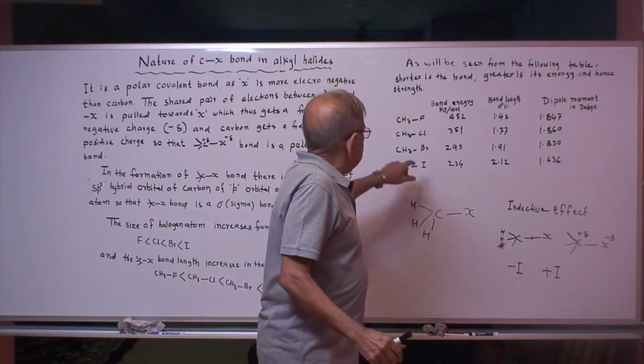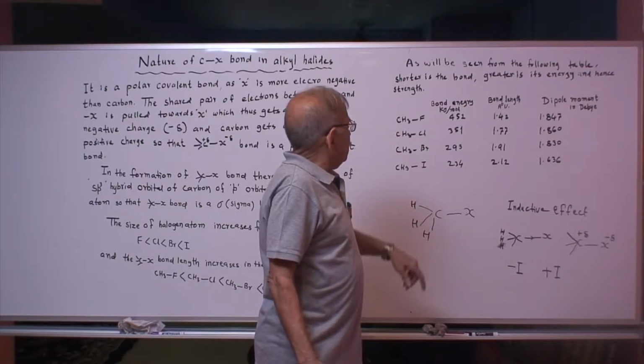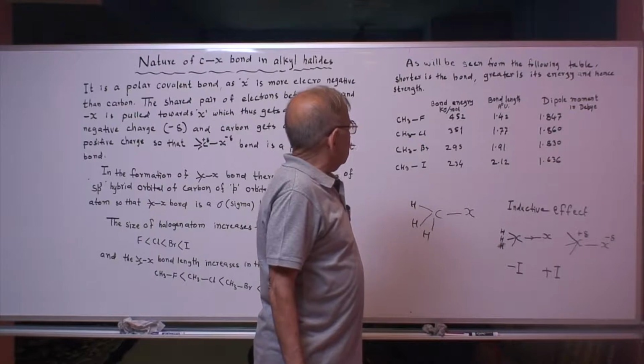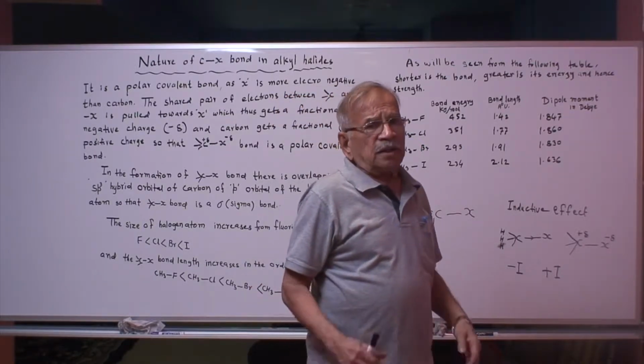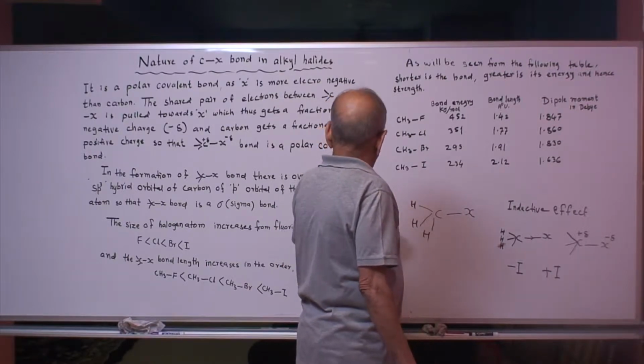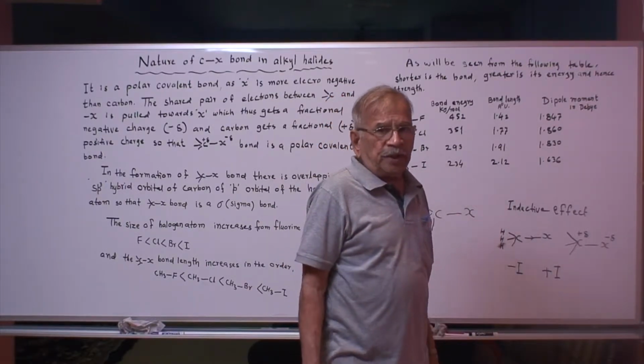why we select the C-F bond in methyl fluoride, the C-Cl bond in methyl chloride, the C-Br bond in methyl bromide, and the C-I bond in methyl iodide.